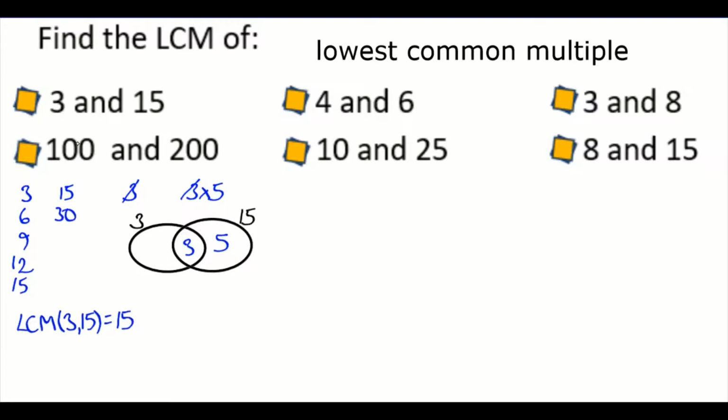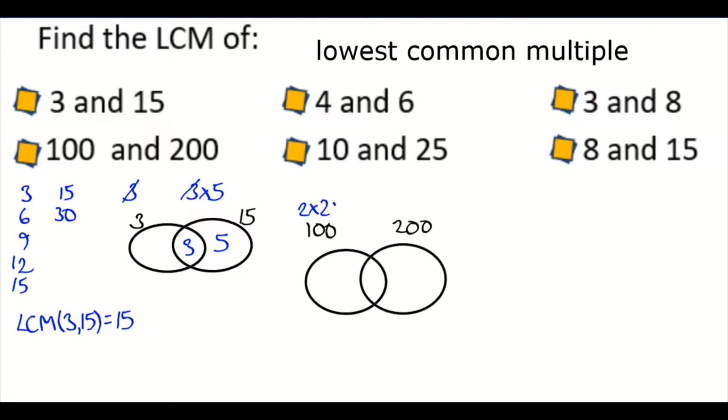Let's try that with one of these, so 100 and 200. So we've got 100 and 200. So we'll have a ring for 100 and a ring for 200. Now 100 is 2 times 2 times 5 times 5.